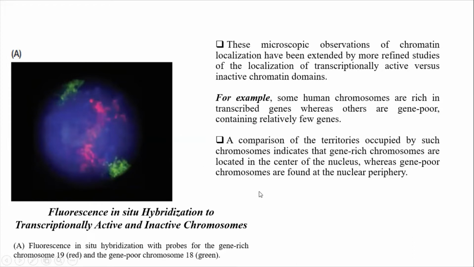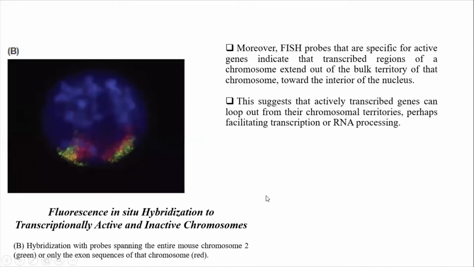ओके. I don't think we have it over here about the NPC, okay, otherwise what you would have seen over there is that the transcriptionally active chromatin regions will be present near to the NPCs. ठीक है. Now this is for the inactive chromosomes.